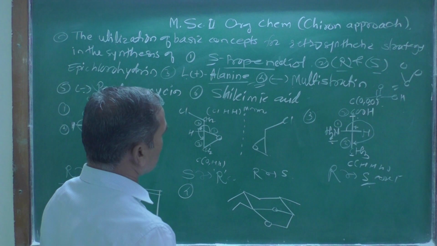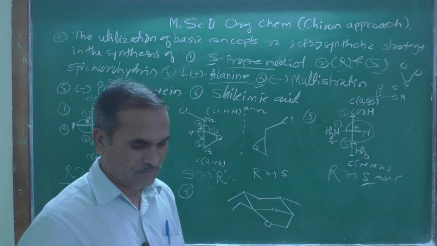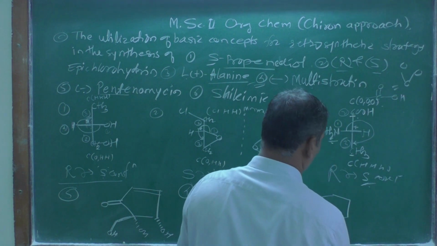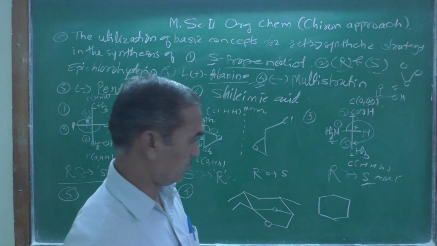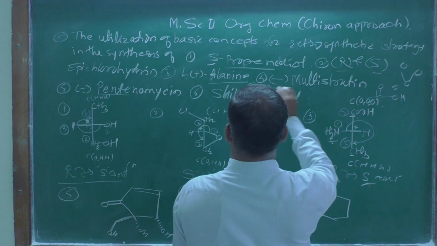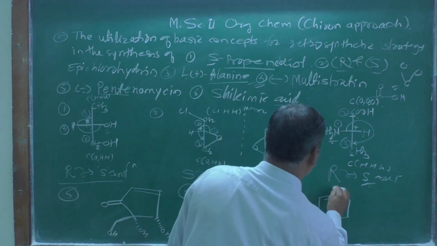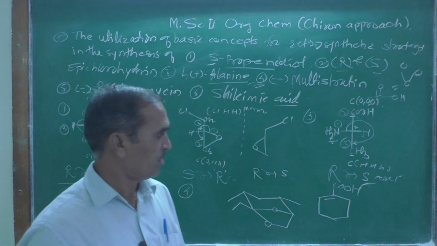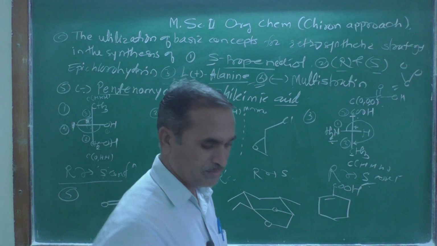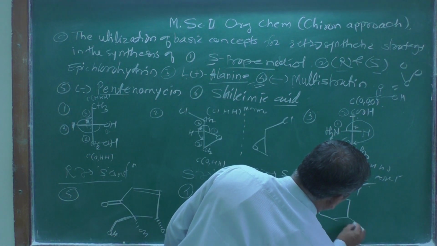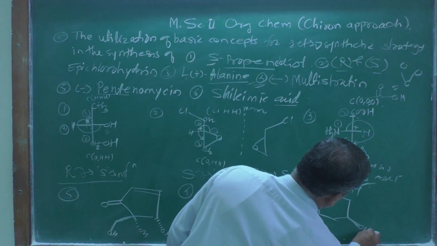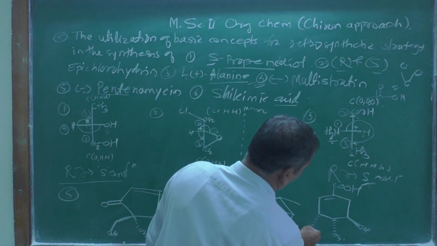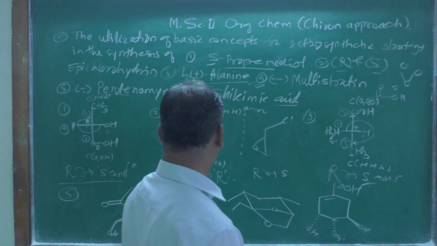And the last structure is shikimic acid. The structure of shikimic acid is this one. This is the structure I am showing over here. Since it is shikimic acid, there should be an acid group, COOH, C double bond OH. Then at this position one of the OH groups is above the plane, another OH group is below the plane, and another OH group is also below the plane.